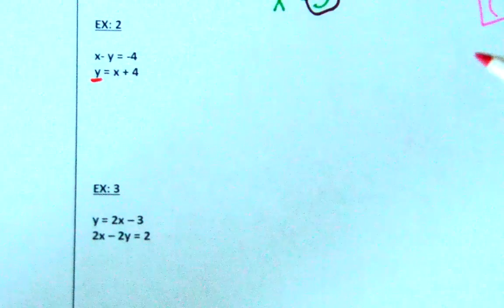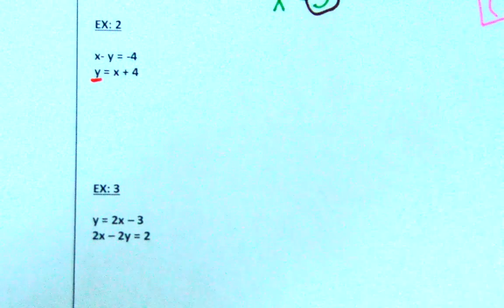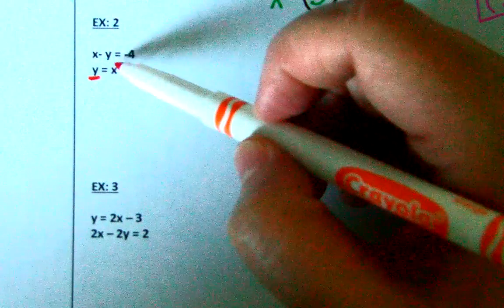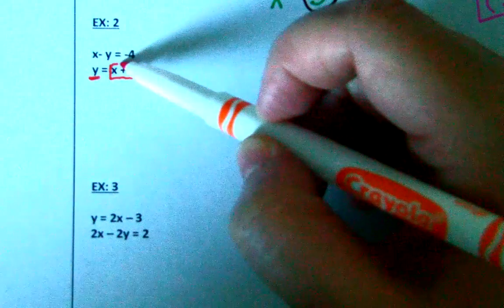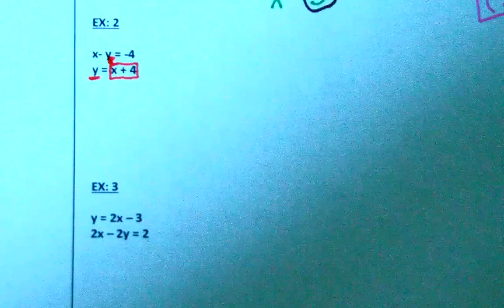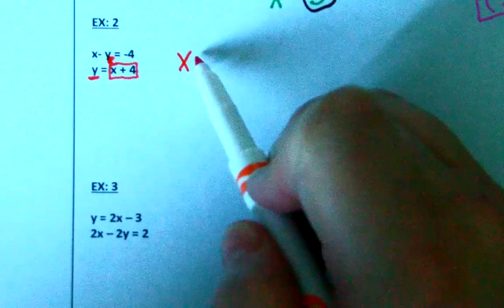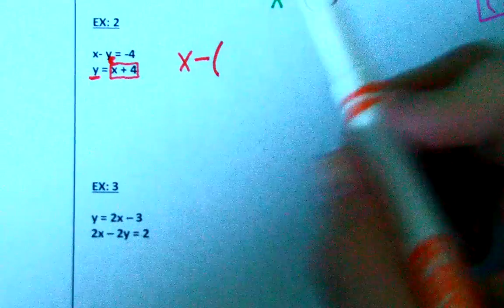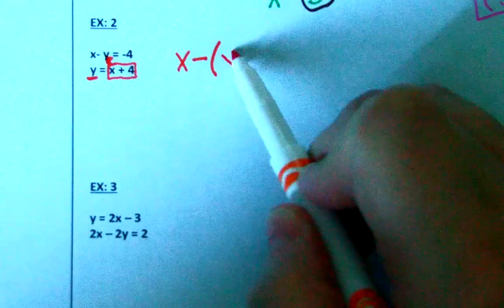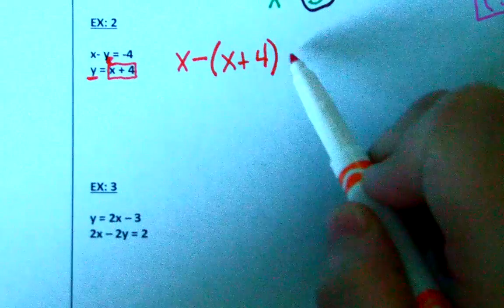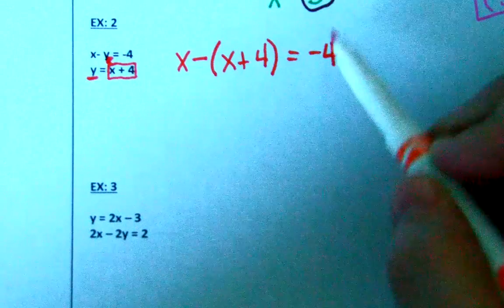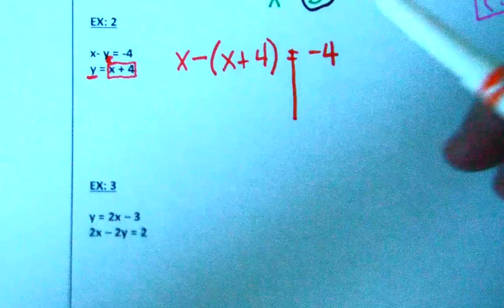It can be in x equals. And so I'm going to take this and plug it into where y is in my first equation. So I'll have x minus, now parentheses because I'm substituting in, and I'm going to substitute x plus 4 in, equals -4. Now I'm going to solve.